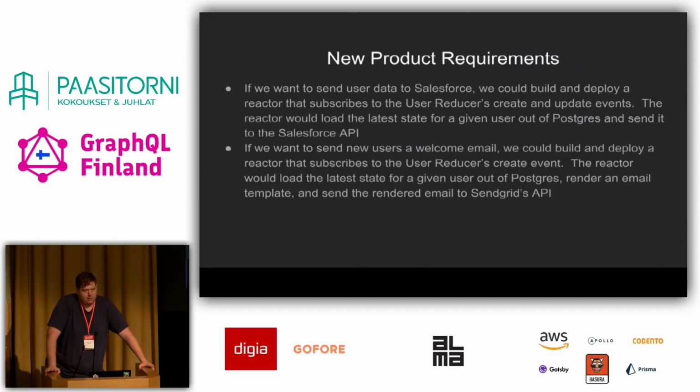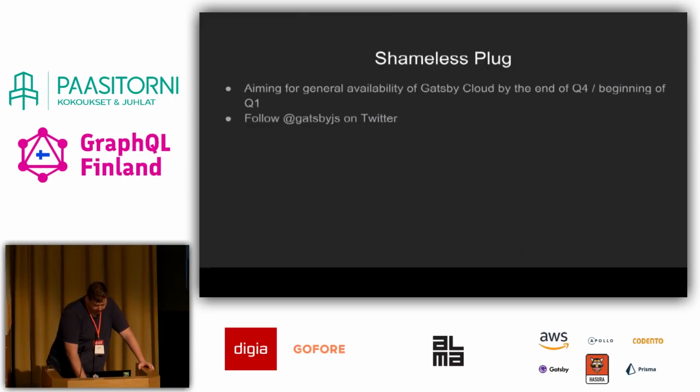Every time a user is created or updated, we just post the object over to the Salesforce API, and now our sales team is kept in sync with signups. Or if we wanted to send a welcome email, we could do the same thing with a reactor that integrates with SendGrid and renders welcome emails. So it's a very flexible pattern, and one that we're pretty happy with so far.